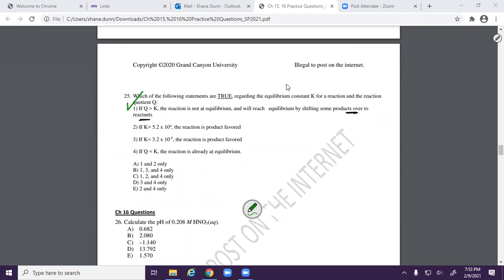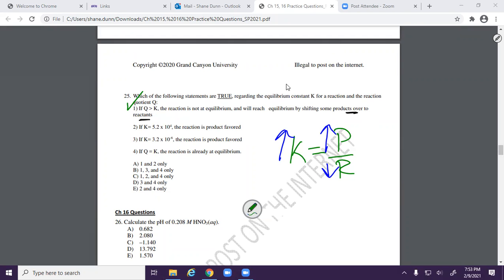If the K value is a big number, products are favored. Is that true or false? What's K equal? Products over reactants. If K is big, what is P? P has to be big or R has to be small, right? If your K value is really big, you're favoring your products.